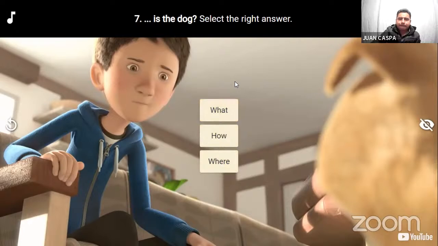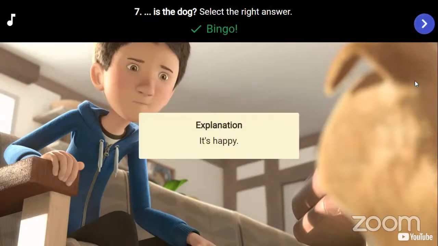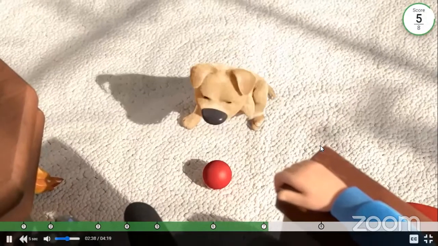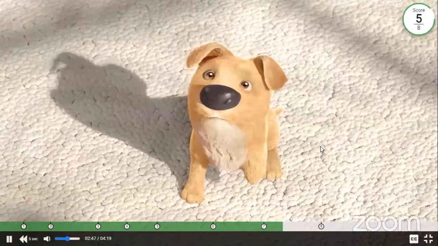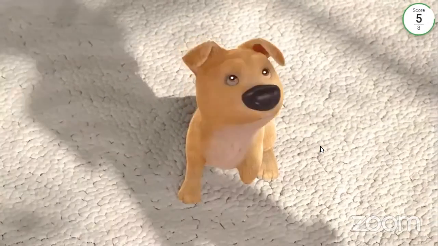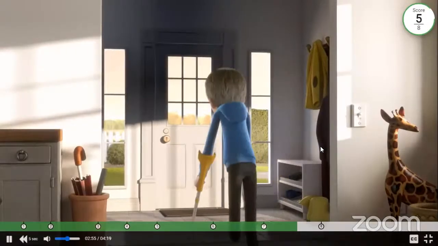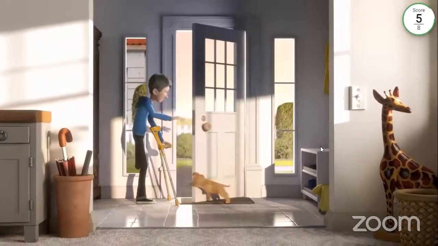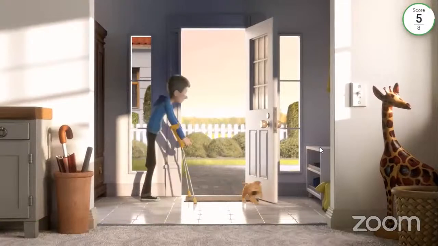What is there? How? Mom! We'll be outside!